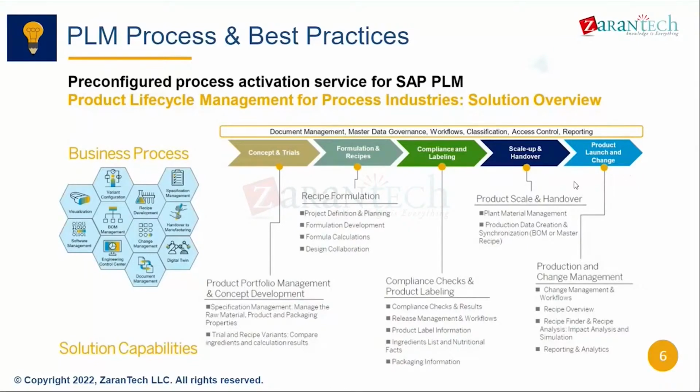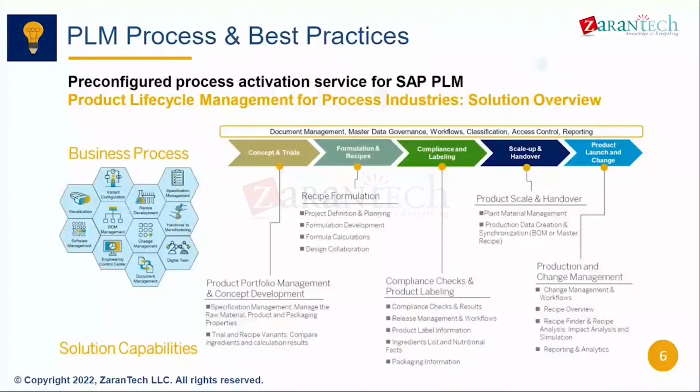Then change management comes into the picture, where a change is required, or where some comparison is required. So some recipes need to be compared against their values, or their analysis, or there is an impact analysis.